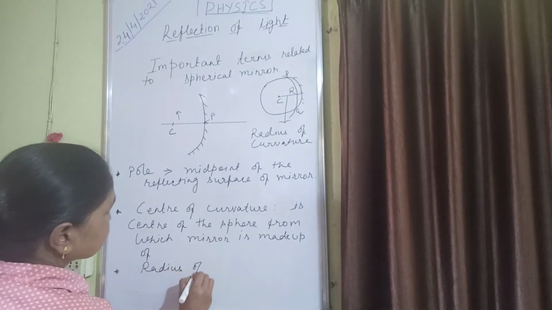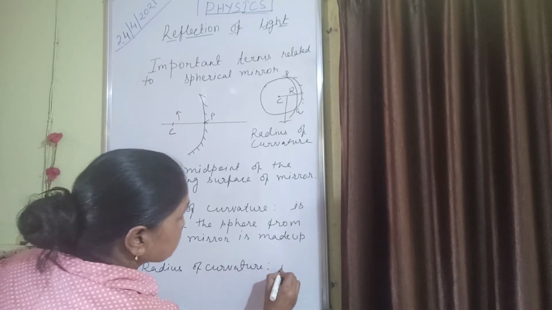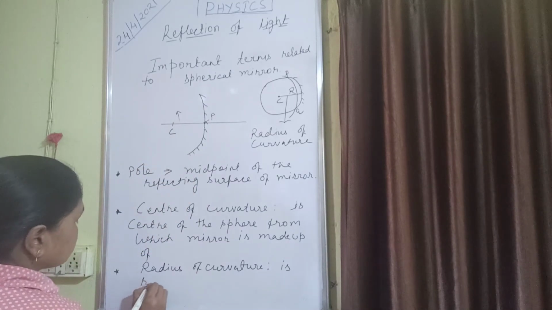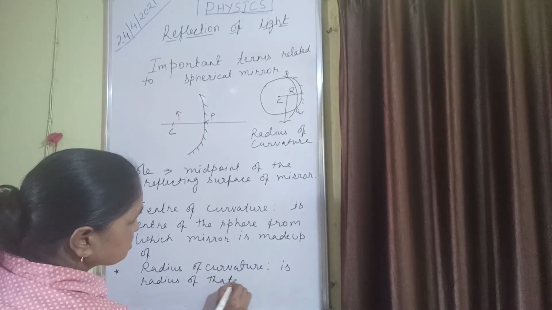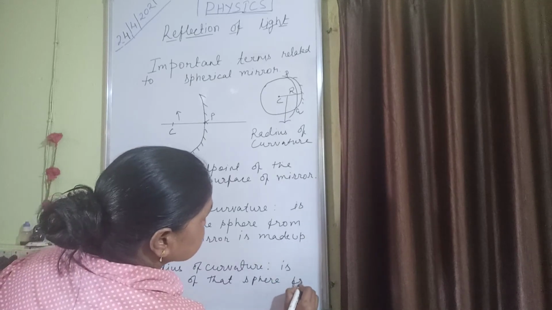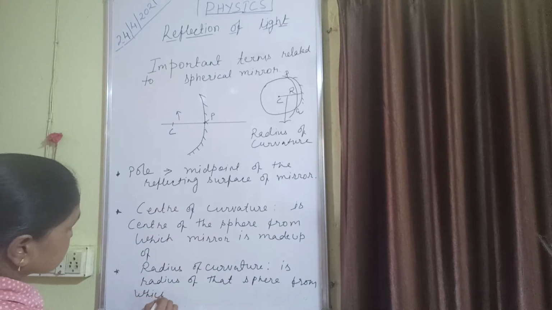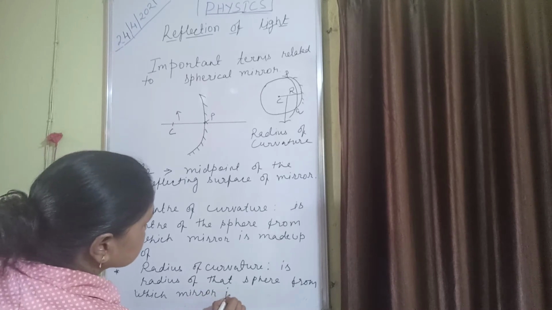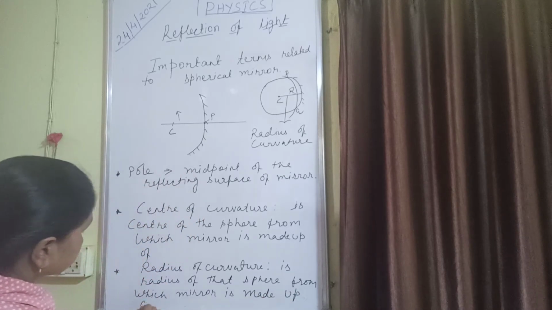Radius of curvature is the radius of that sphere from which the mirror is made up of.